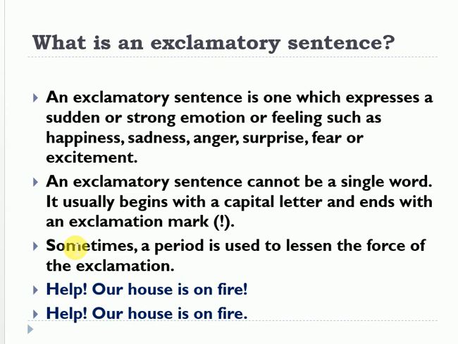Whenever there is an outburst of emotions and you express that outburst by using some sentence, that would be called an exclamatory sentence. An exclamatory sentence cannot be a single word. Because that is a sentence, definitely it could not be a single word. It usually begins with a capital letter and ends with an exclamation mark.